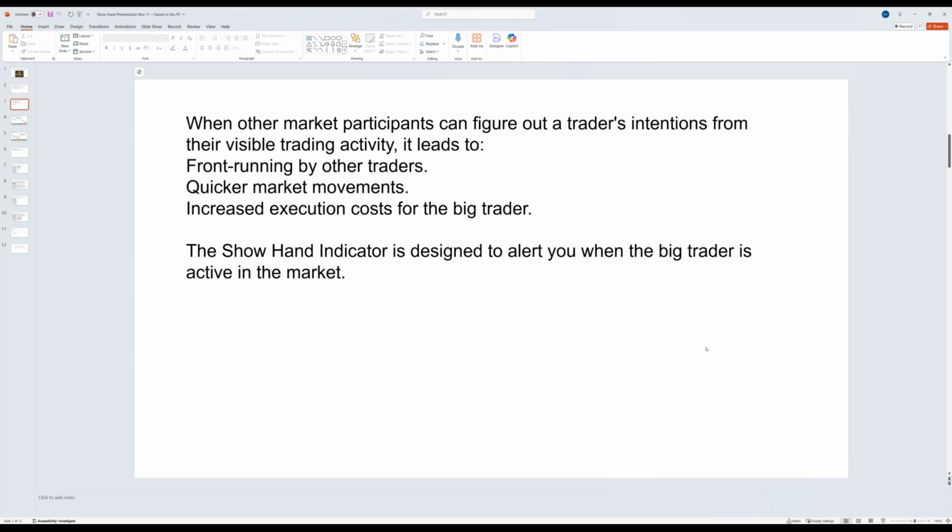In the old days when it was still trading in the pits, if you're on the floor or if you're on the phone with the floor broker, if you're an institutional trader or at a squawk box, oh, Goldman's is buying. Goldman's is buying, so they're probably having a big order.